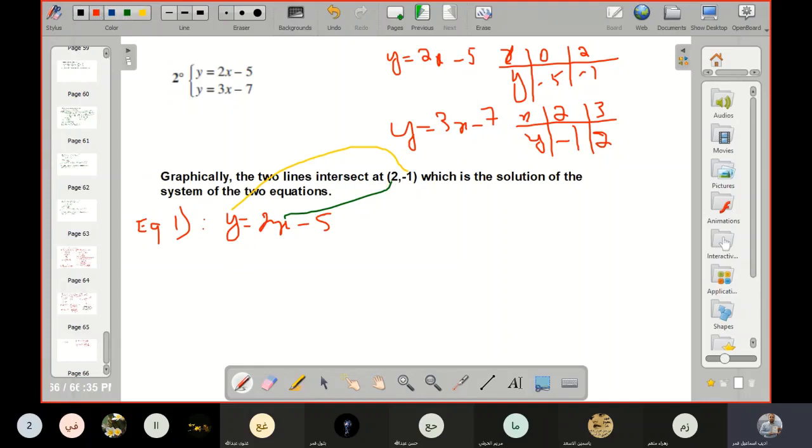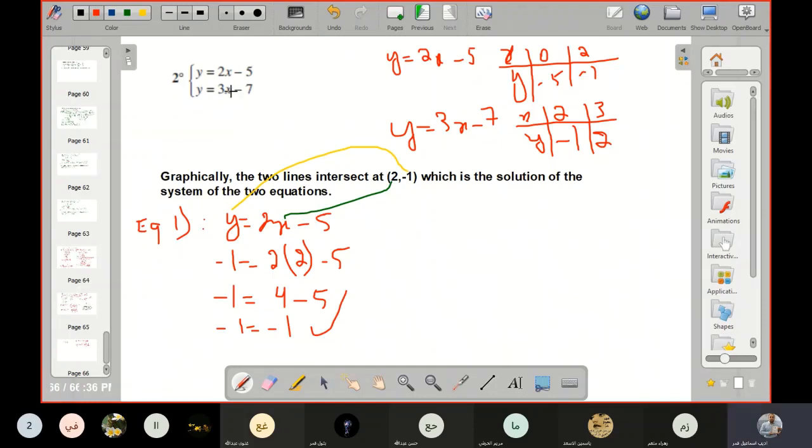We continue. -1 equal 2 into x, which is 2, minus 5. -1 equal 4 minus 5, and -1 equal to -1, which is true. So this point belongs to the first line.